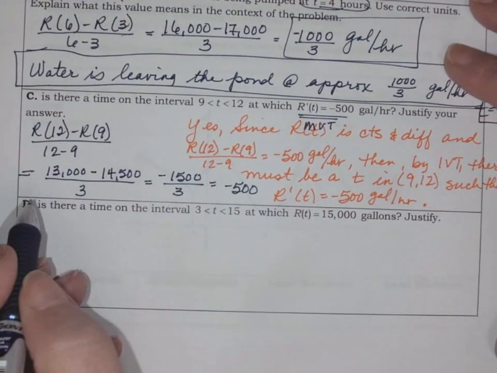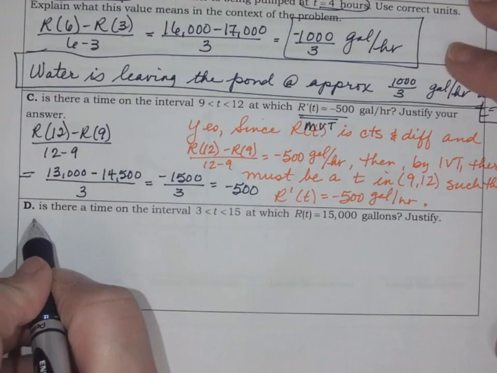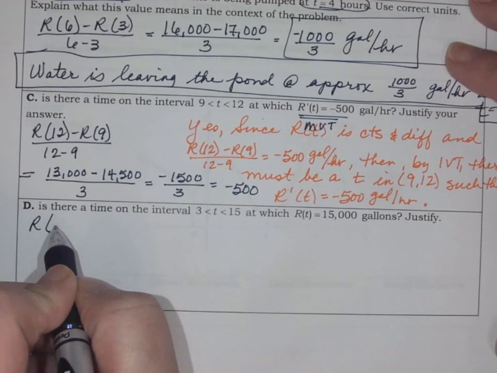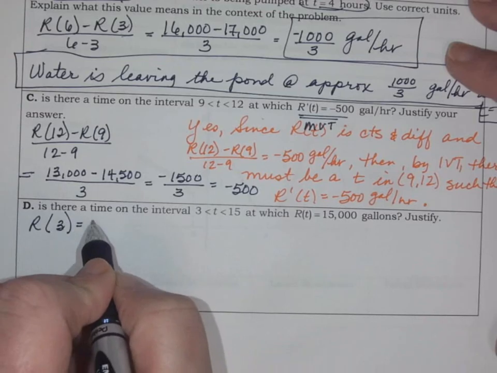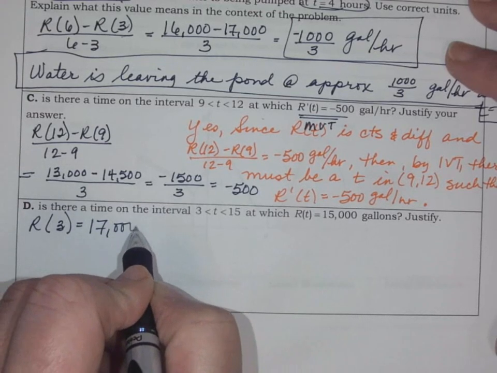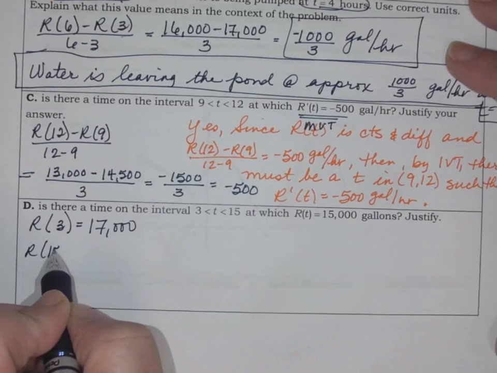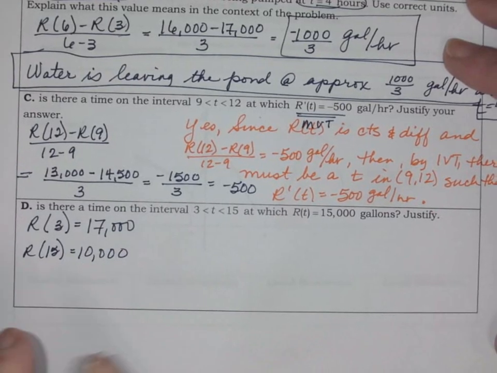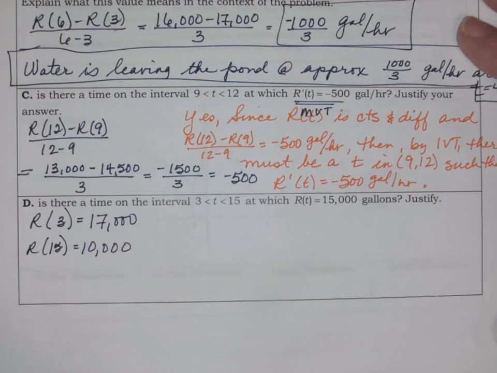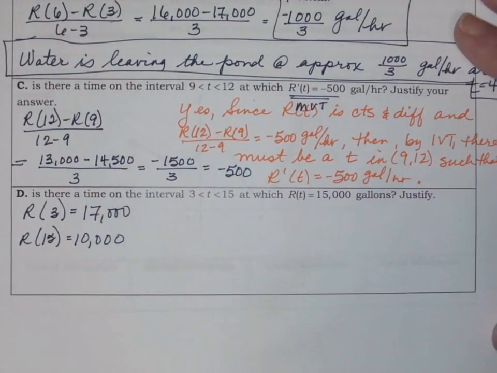So what we need to say is R of 3 is equal to 17,000, and R of 15 is equal to 10,000. All right, so 15,000 fits in between, so we're ready for our statement.